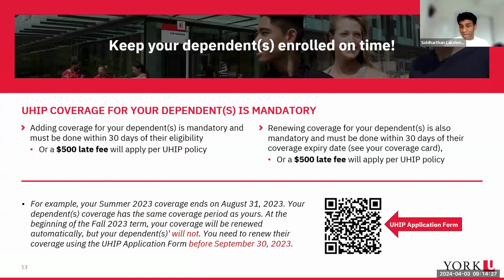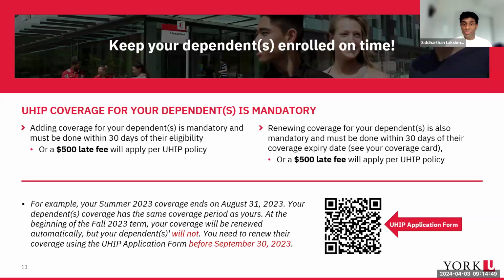So at the bottom right-hand corner, you see a QR code which takes you to the UHIP application form. If you're a visiting scholar, a visiting research trainee, or a dependent, or if you have any dependents coming with you to Canada, it's important that you take a screenshot of this QR code and come back to it whenever you need to fill out this form.